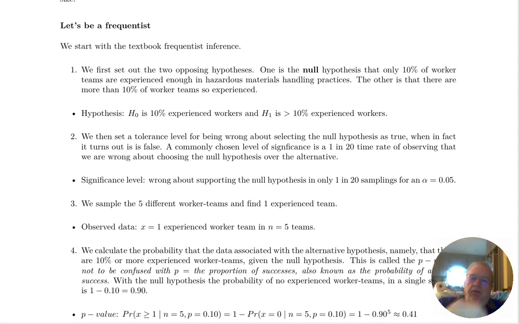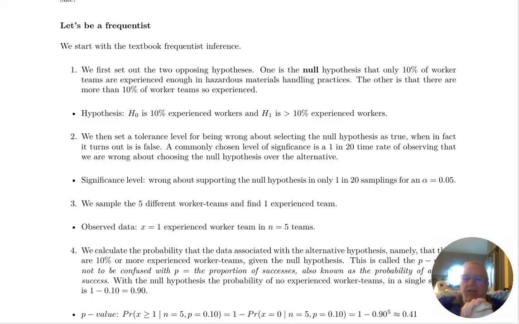Let's set this up in a textbook frequentist approach, like Anderson and Sweeney or Ken Black's book, or, oh, you can find it on Wikipedia. The first thing we do is we set out two opposing hypotheses. One is the null, that only 10% of workers' teams are experienced enough in hazardous materials handling.